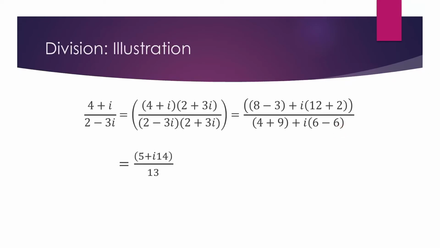So this is same as 8 minus 3 is 5, plus i times 14, the whole divided by 13 plus i 0, which is same as 13.